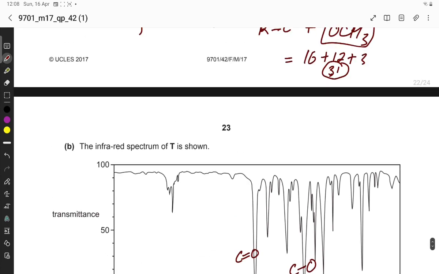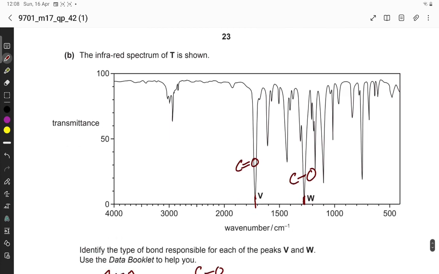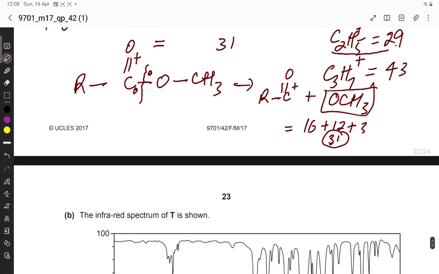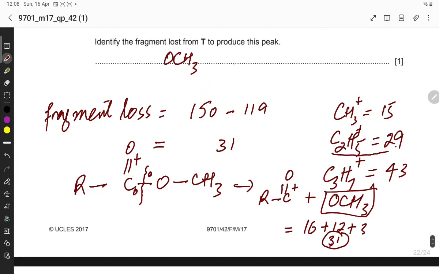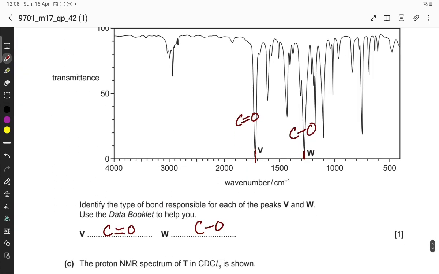And from this spectrum we can identify that the fragment lost can be ester as well, because in the infrared spectrum the C=O peak like ester is visible.